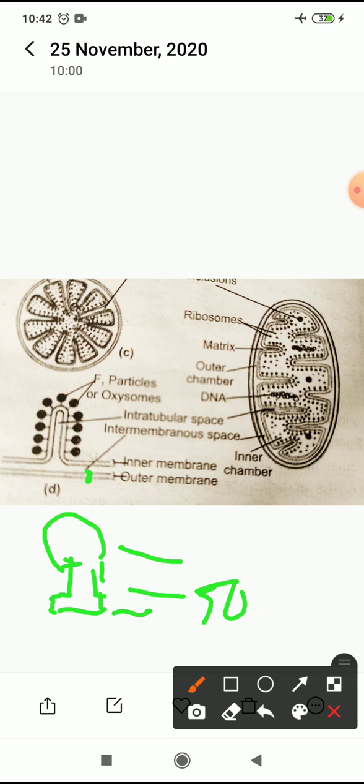Each elementary particle contains all enzymes for electron transport and for oxidative phosphorylation. Thus these particles are also called electron transport particles.